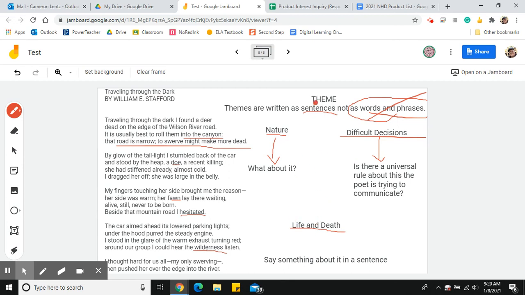So again, don't tell me that the theme is life and death. Instead, kind of come up with a sentence about it that communicates a rule or some kind of observation that the poet is trying to communicate.